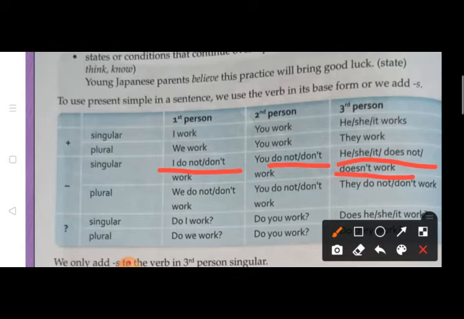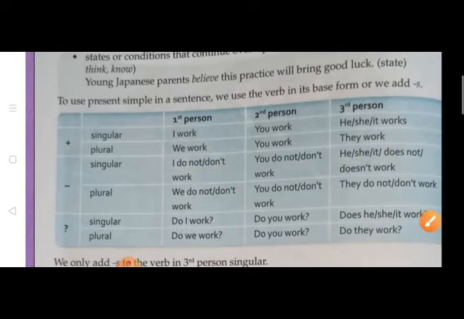See the difference over here also. The verb do ends in o, and so we have added es along with it when we are using it for the third person singular. So students, always remember that we use s or es or ies on the verb only when it is used along with the third person singular. Now you can see the plural form negative sentence.